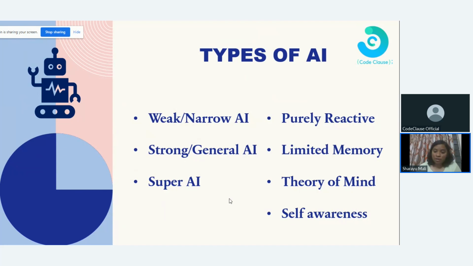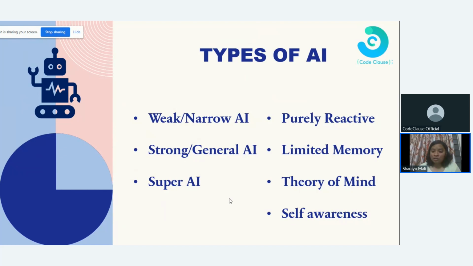Then the next two types are theory of mind and self-awareness. These two types of AI are completely hypothetical in nature. Theory of mind is an advanced AI concept which understands human behavior and adjusts itself accordingly. Whereas self-awareness AI is an AI system that is aware of itself, that has entire information about its own state, and it can also perceive human emotions and take decisions based on that.